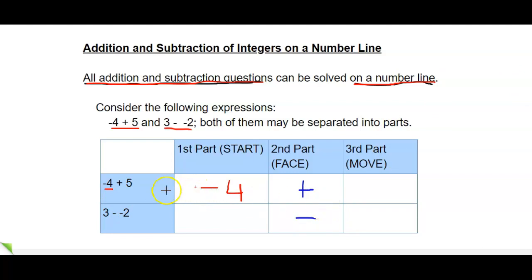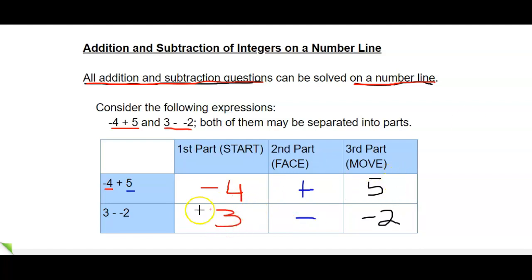The third part for the first expression is 5. The third part down here is negative 2. And the first part here is 3.